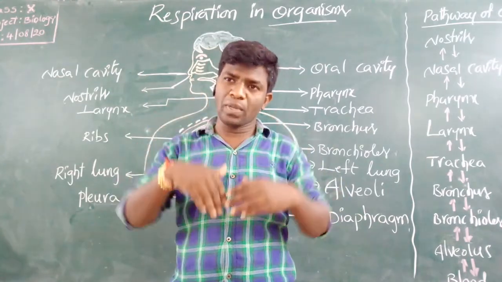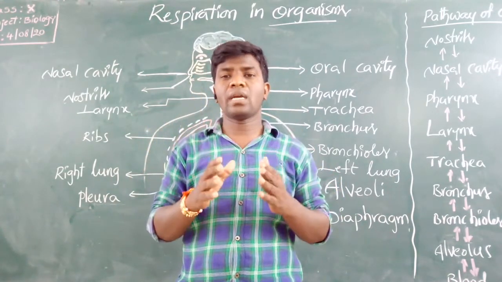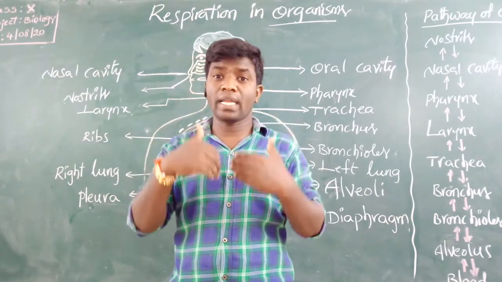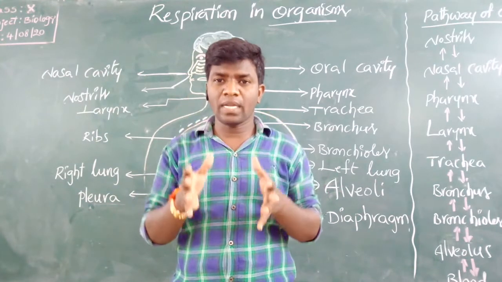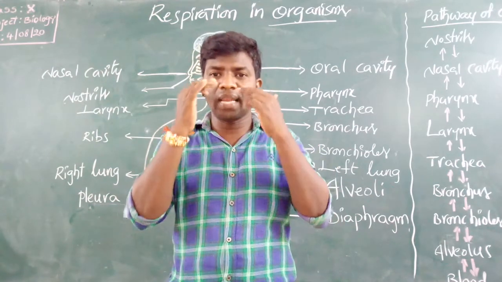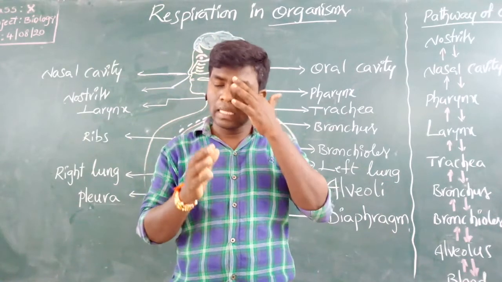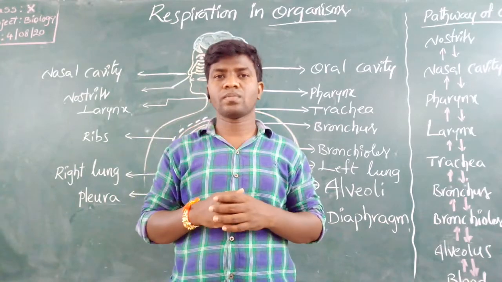While we are breathing, dust particles and suspended particles enter through our air. Those particles are stopped in the nasal cavity because there are some small hair-like structures present in our nose.